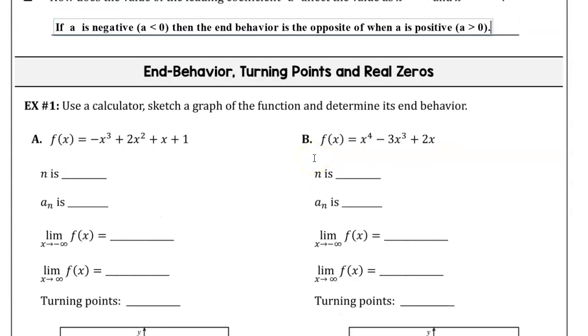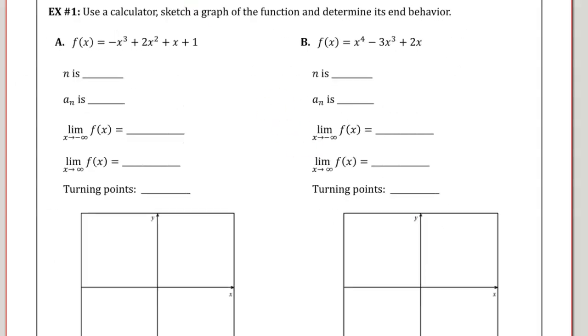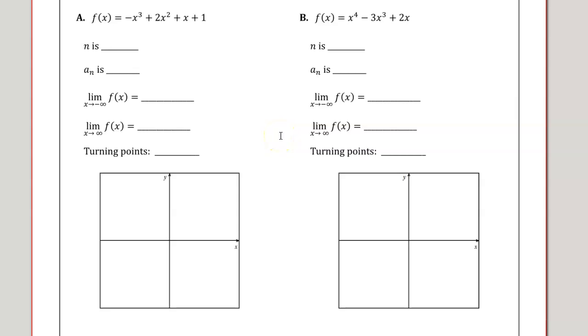Good. So let's look at some of these here. It's a little smaller so it fits. There we go. So we have some functions here, and we're talking about the end behaviors, like we just mentioned. We're not worried about anything else this function has to offer, just the end behavior. I'm not sure where the mins and maxes and the zeros are.